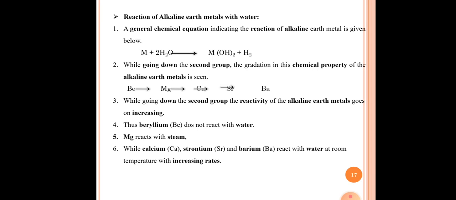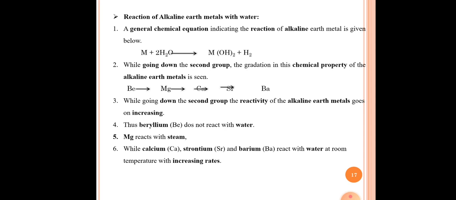The second point here is, while going down the second group, gradation is seen in the chemical property of the alkaline earth metals. In group 2, while going from top to bottom, there is a gradation in the chemical properties of the elements.